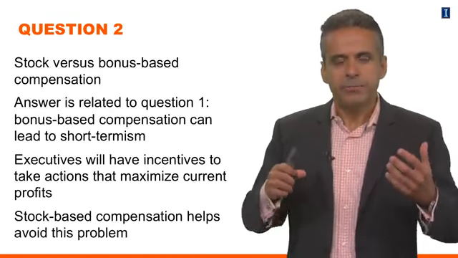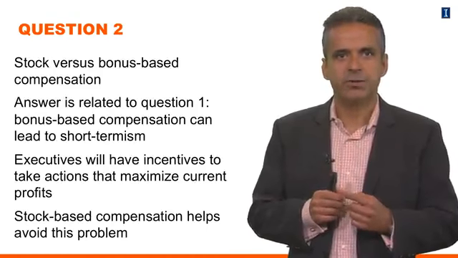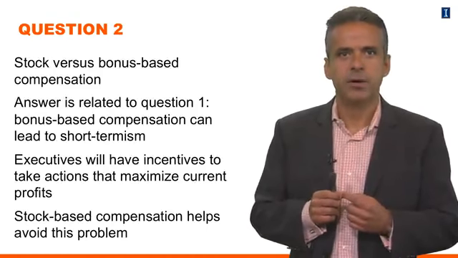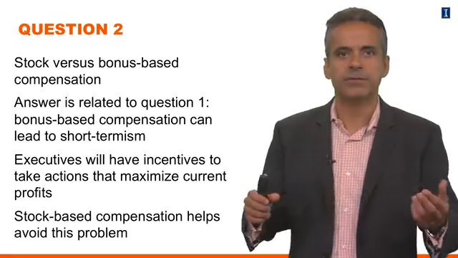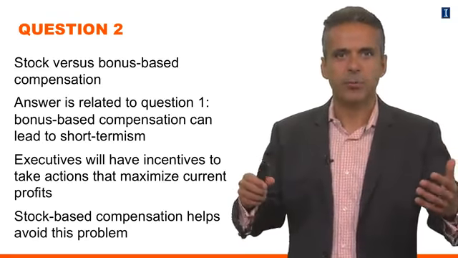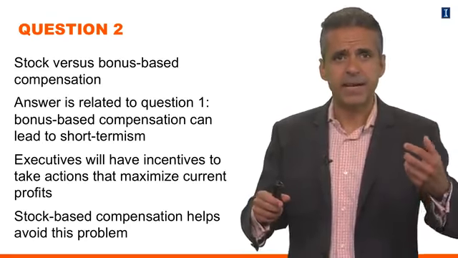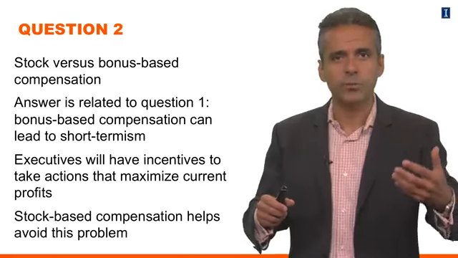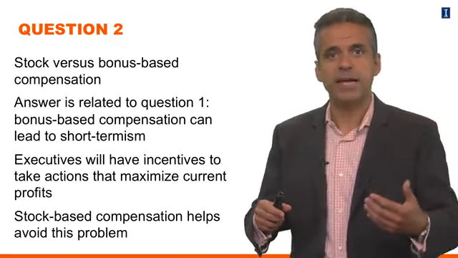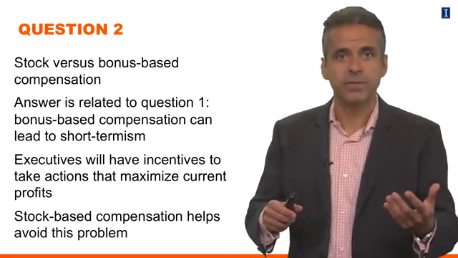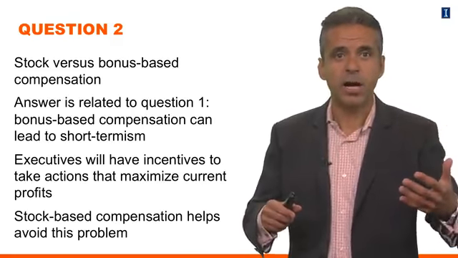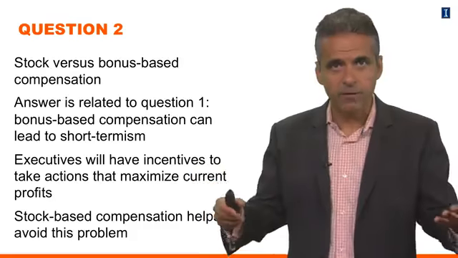Question 2 really is an application of this idea of shareholder value. Okay? So if you think about the differences between bonus-based compensation and stock-based compensation, the key difference is that bonus-based compensation is going to be based on current profits. Okay? So executives will be paid more if they increase current profits, right?